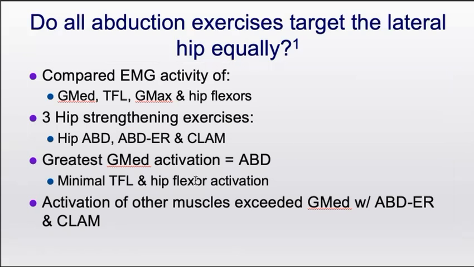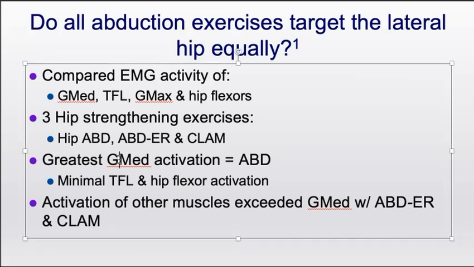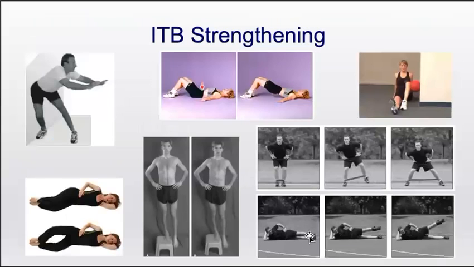What the results found is that the greatest gluteus medius activation happened with strict abduction. So with the feet facing straight forward and a hip abduction movement happening. That's this movement here on the bottom of the slide. Clamshells are this exercise here on the bottom left.